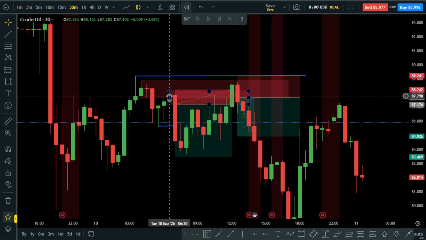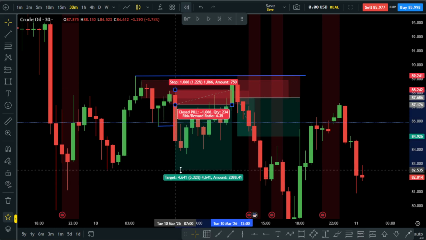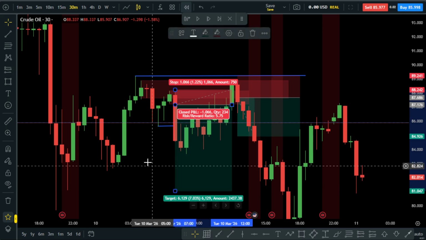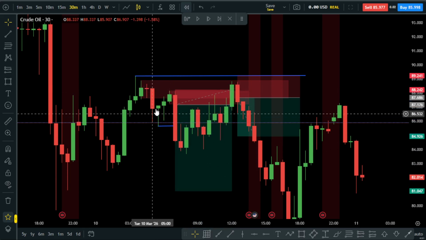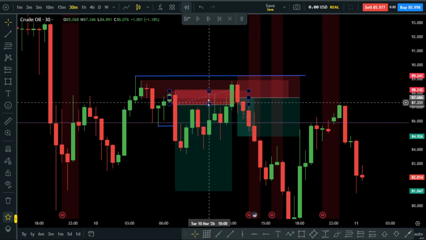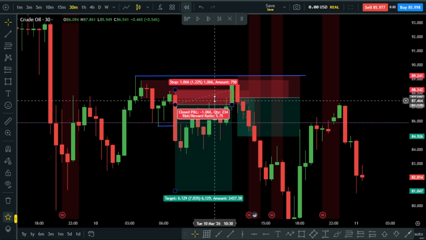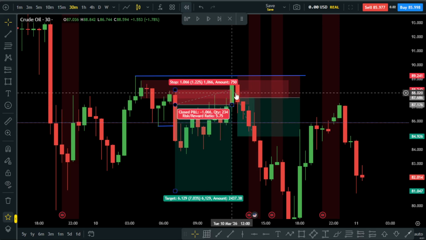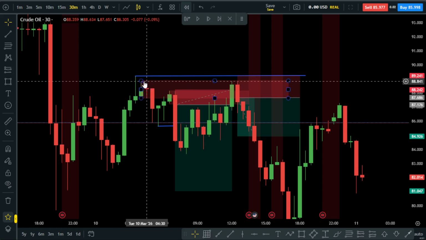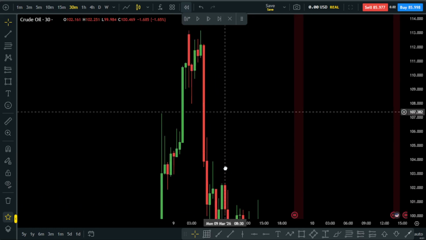Here, they sold just a bit, and I believe they were targeting this low or this low. But after tapping into this order block here, at first it gave some reaction, went back again, tapped into it, gave some reaction, and then finally it took it out, tapped into the correct order block, and then price fell down.